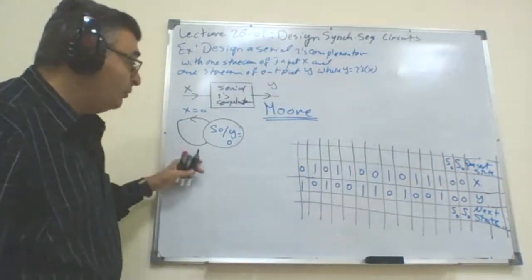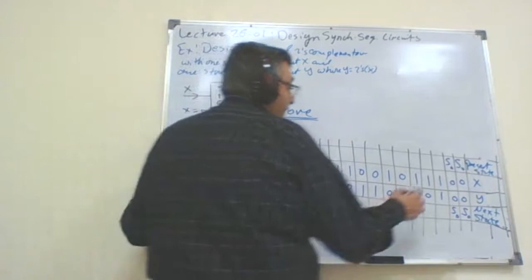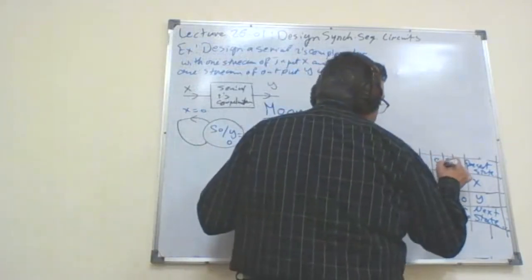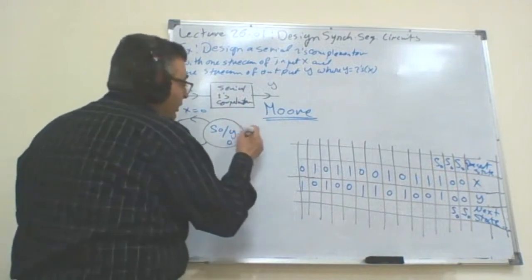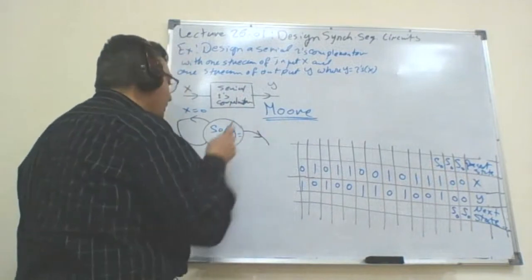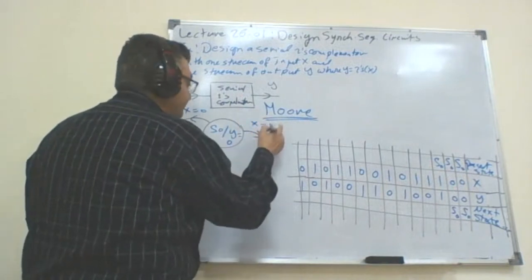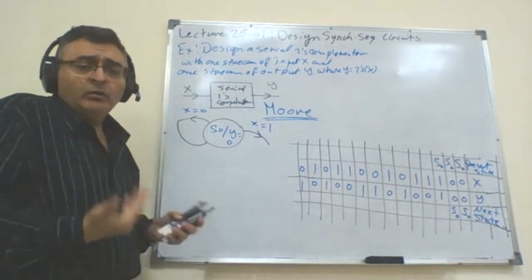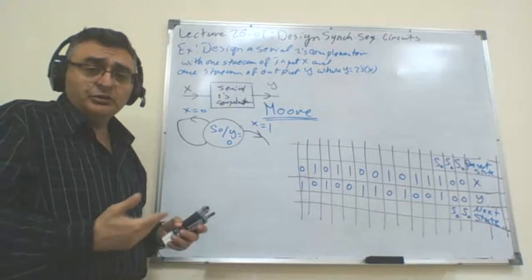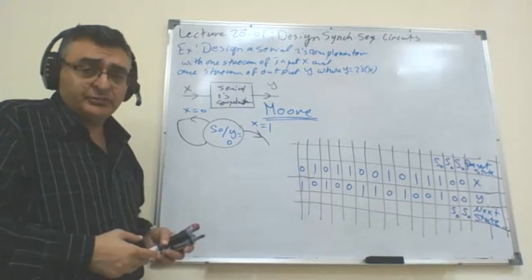Agree? Now, let's go and explore the next step. I am in S0 and I start receiving X equals 1. Our goal is not to create more states.